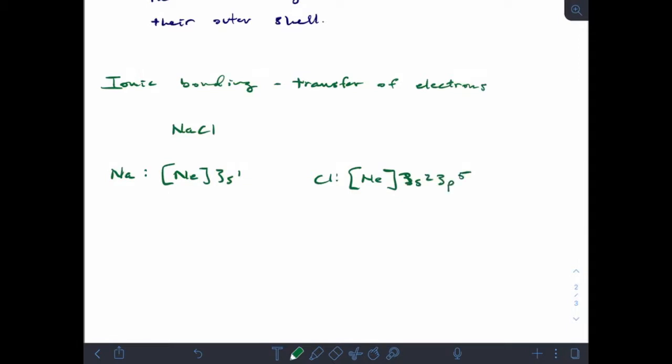So if sodium loses that electron, it has the same configuration as a noble gas.